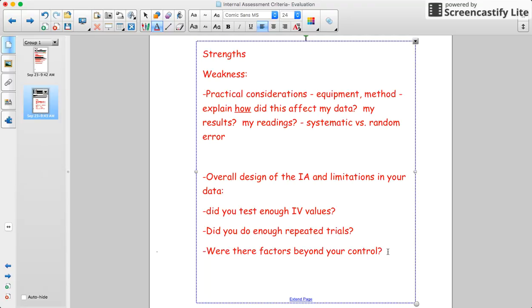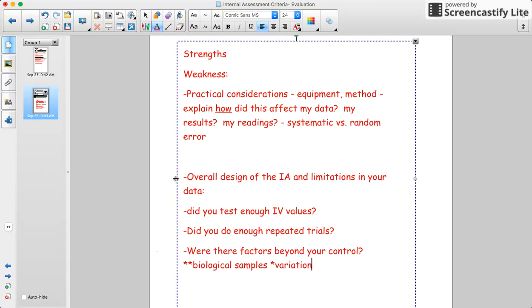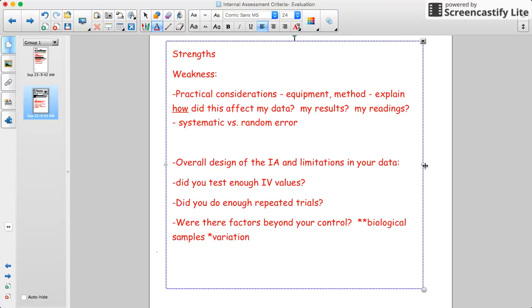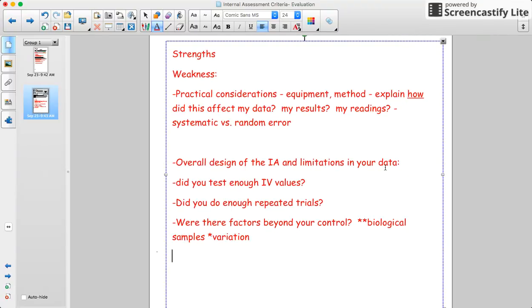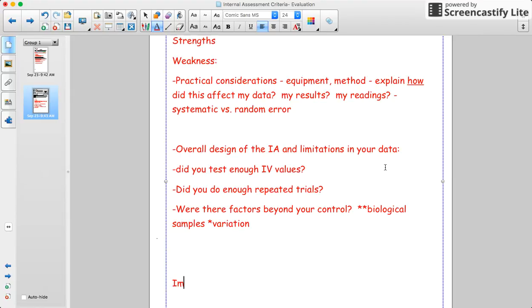So there's going to be a lot of variation. So this last one has to mainly do with biological samples and just natural variation that you can't possibly control. So all these things that could limit how confident you are in your conclusion and limit the validity of your results. For any of these weaknesses, then you need to suggest an improvement.